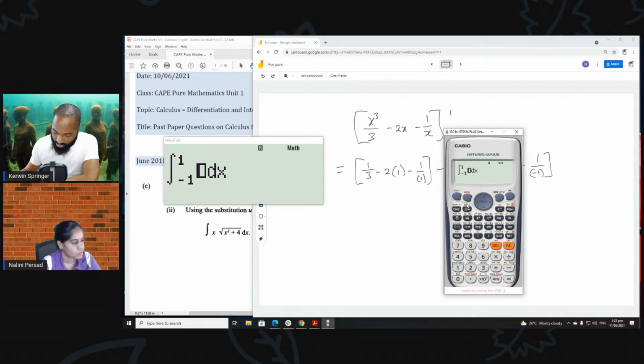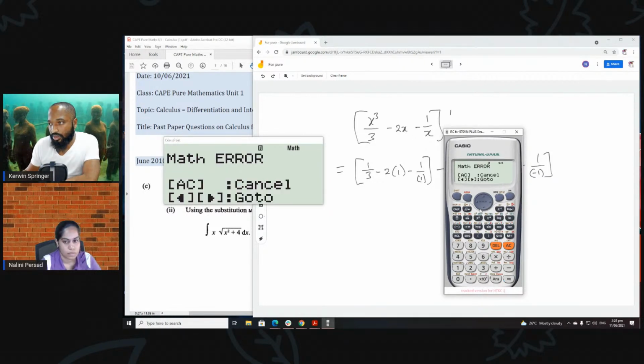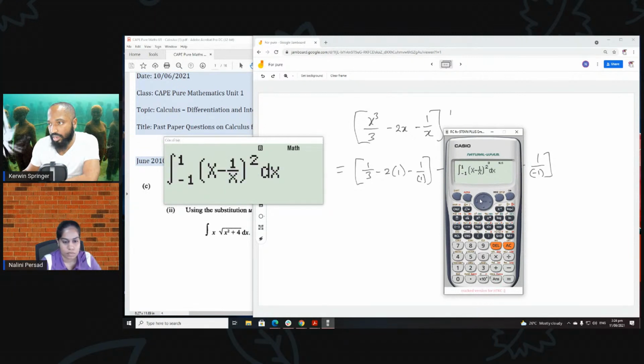You all know you could do this, right? Minus 1 over x. This is called securing the bag. And all of this to be squared. I need to close up this entire thing.